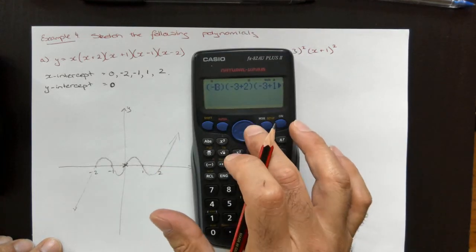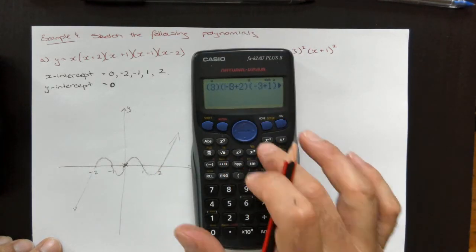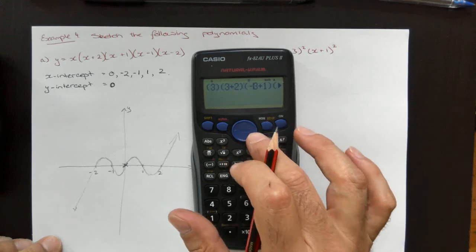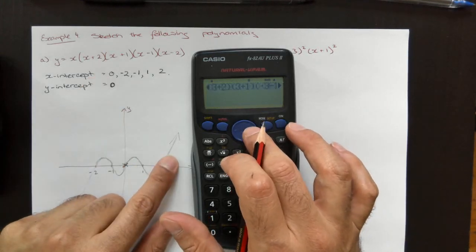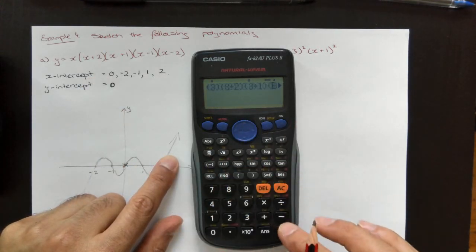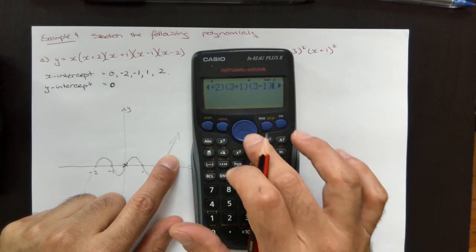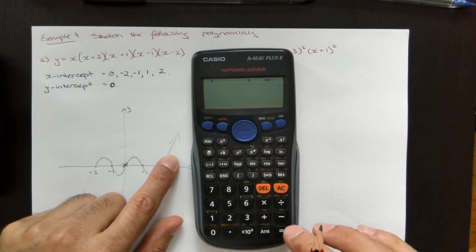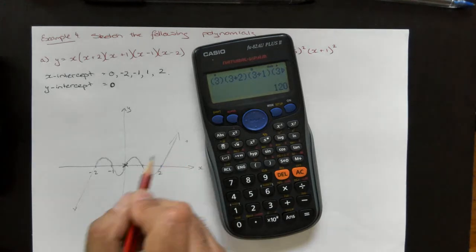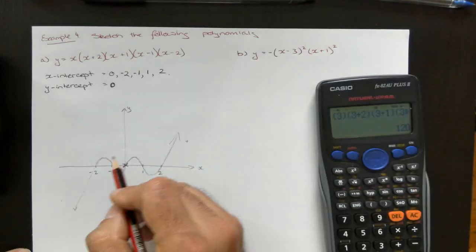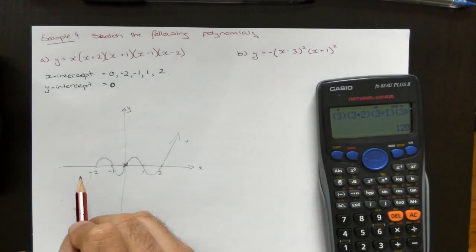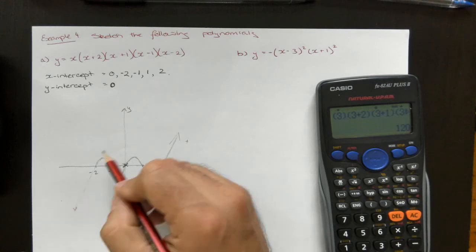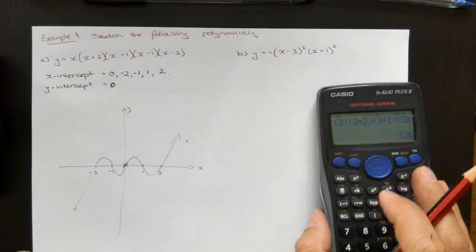If I plugged in, let's say, 3 for my x value, I should get a positive number. Yep, so I get a positive. That's how I sketch my polynomial. Plug in different values to see which way the polynomial is going.